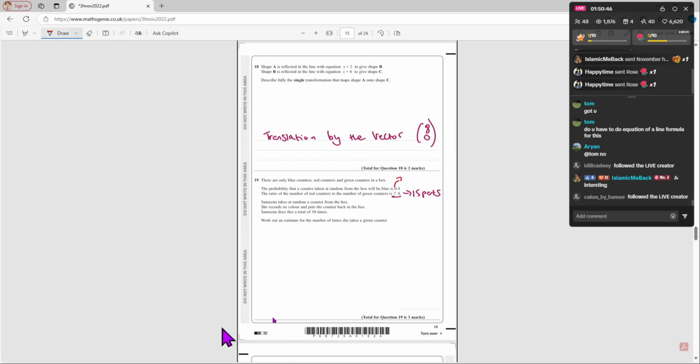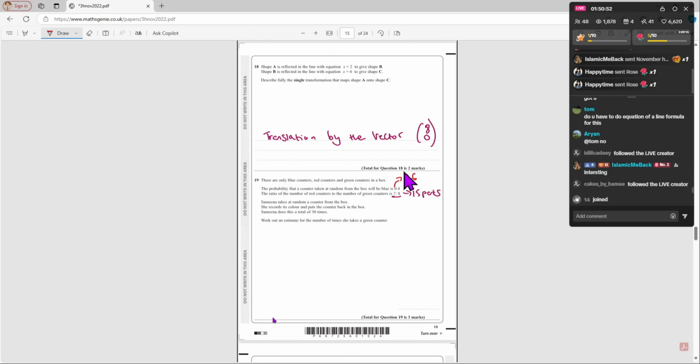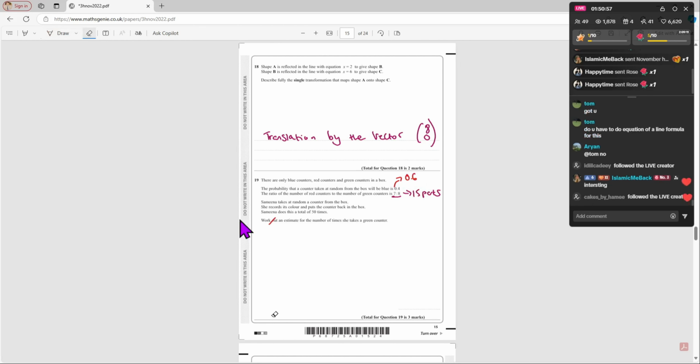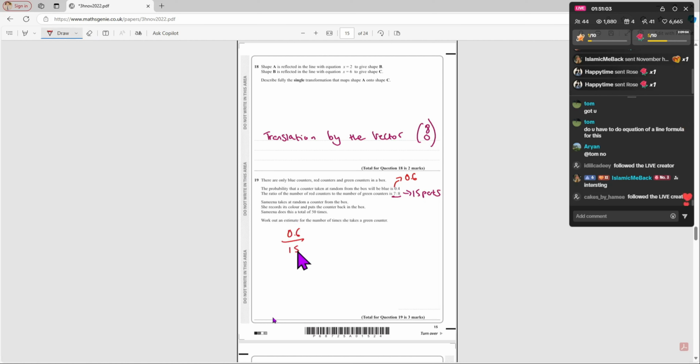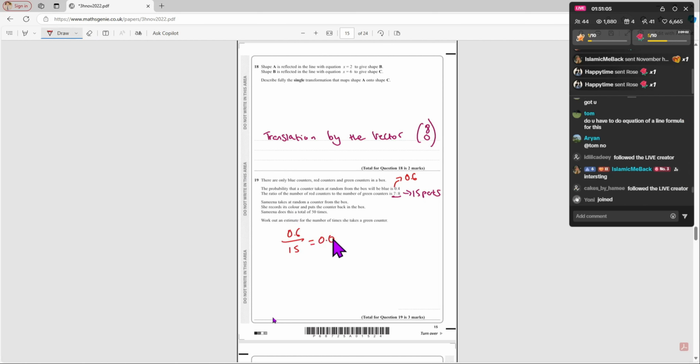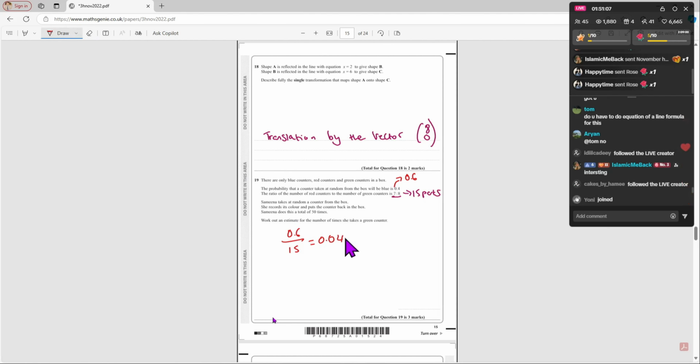So to get the probability of getting a red and a green counter, you subtract it. So it's going to be 0.6 for the green and red counters altogether. Then 0.6 divided by 15 gives 0.04. And now once we have done that, we're going to share this value.